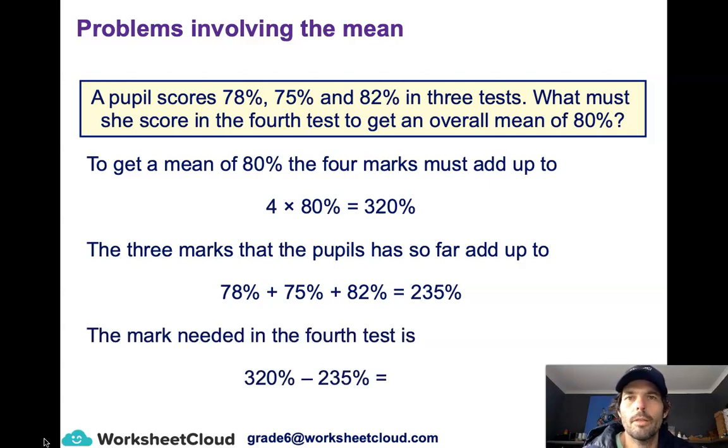We can work that out through a subtraction method, and that's going to give us 85%. If you wanted to check, you could work out 78 plus 75 plus 82 plus 85. That would give you 320, and then we need to divide the 320 by 4 because there are 4 test results, and that would give you a mean of 80%.